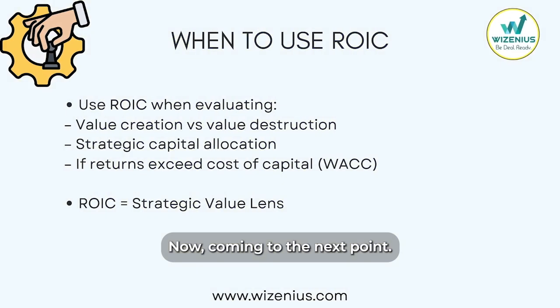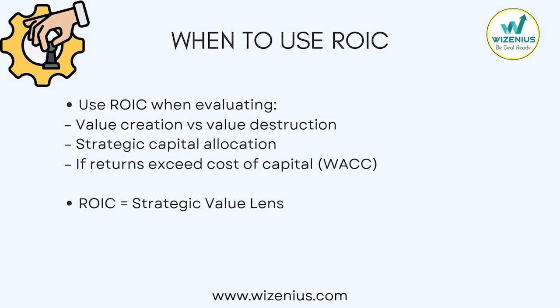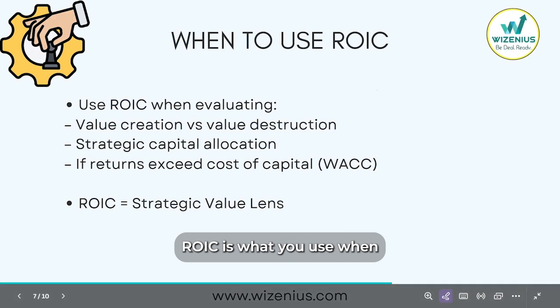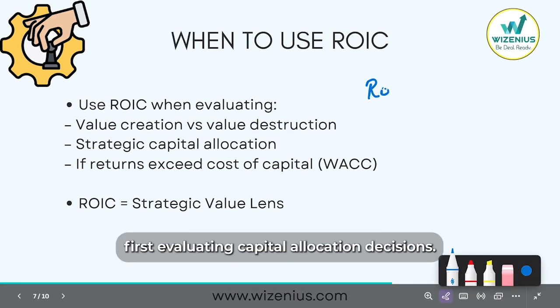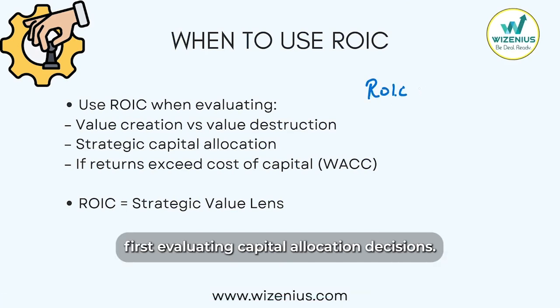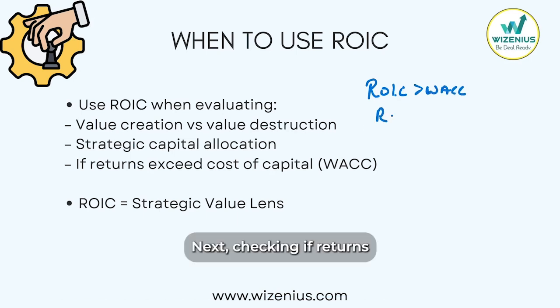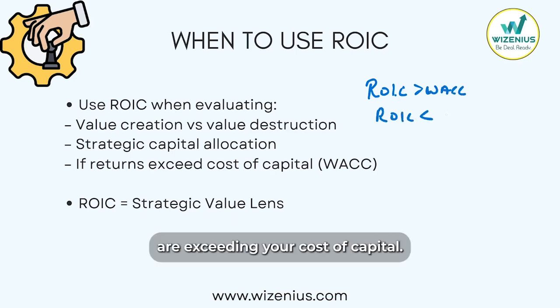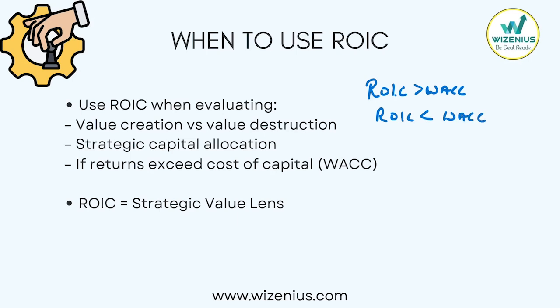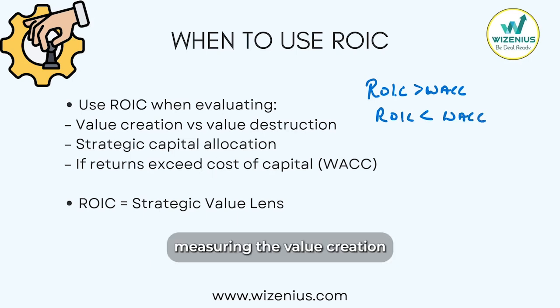Now, coming to the next important point, when to use ROIC. ROIC is what you use when first evaluating capital allocation decisions. Next, checking if returns are exceeding your cost of capital. Third, measuring the value creation for your shareholders.